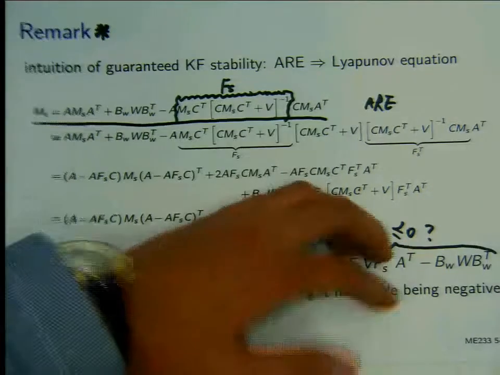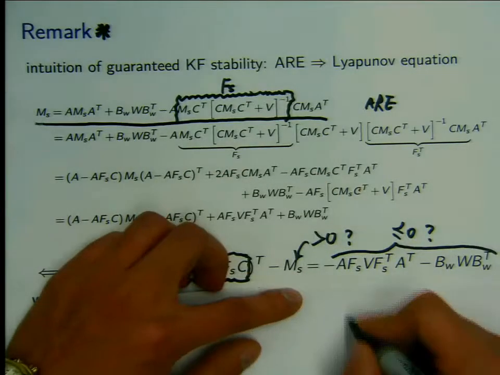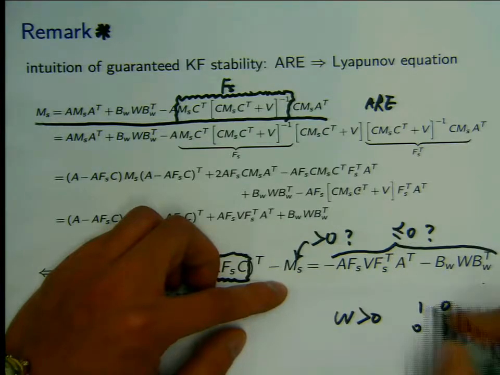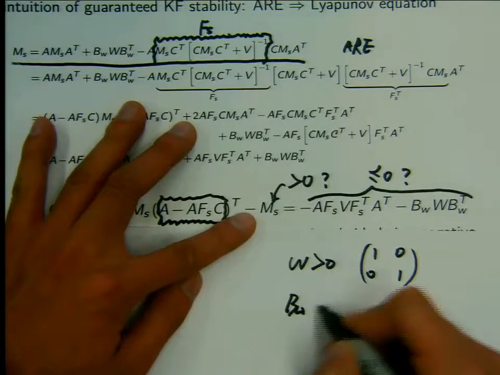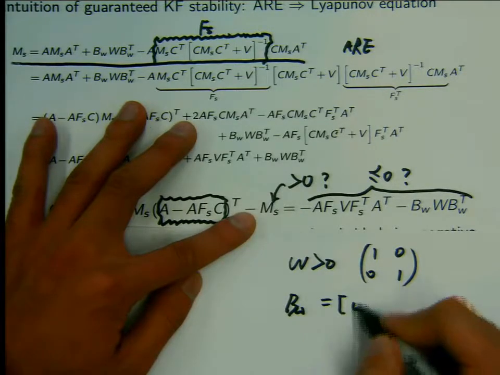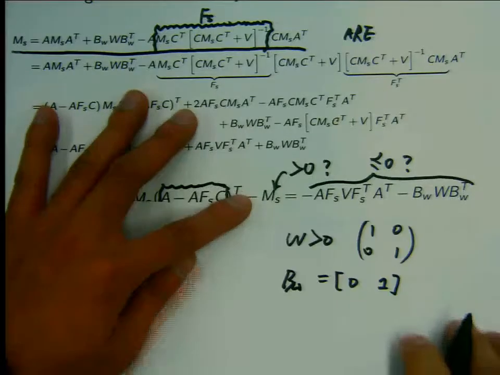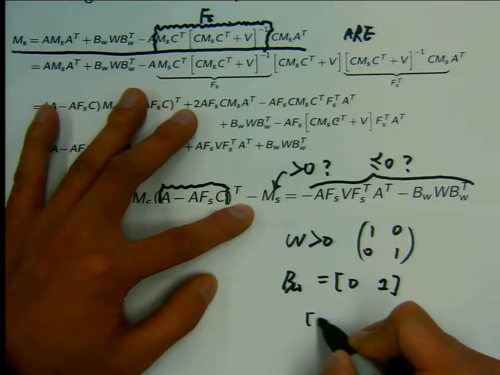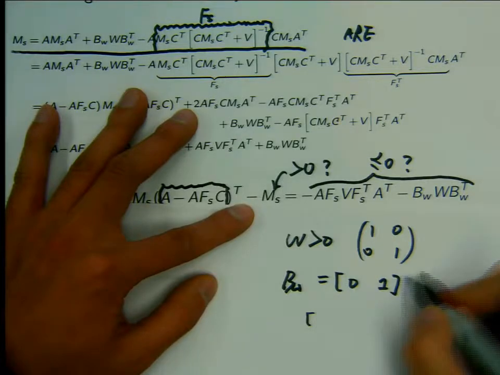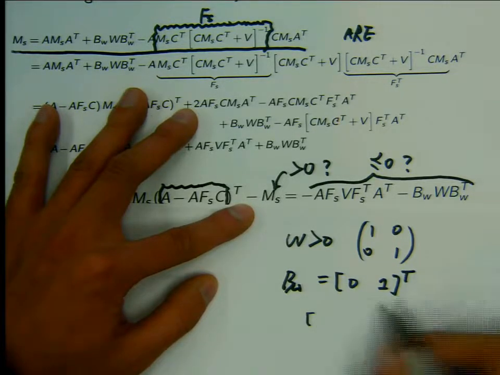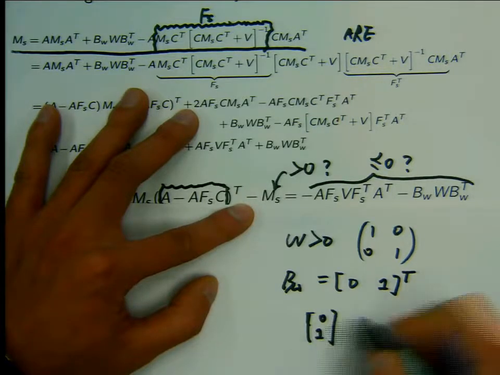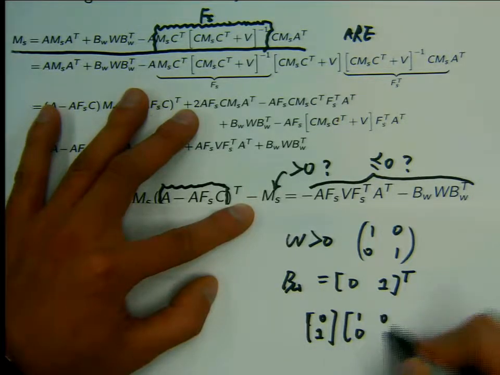For example, you see W is positive definite. So let's say W is 1, 1. As an example, let's say BW, for a simple case, is 0, 1. Now, look at this. B should be a column vector. So BW is this. Then I'm going to have 0, 1 times 1, 0, 0, 1.